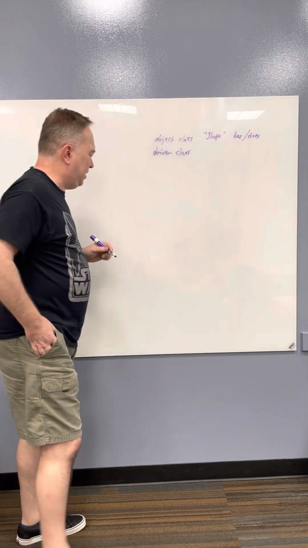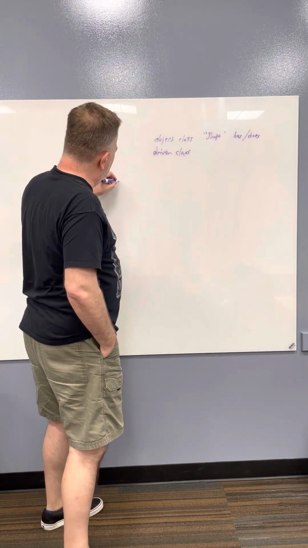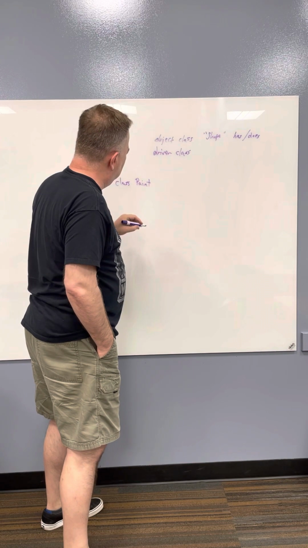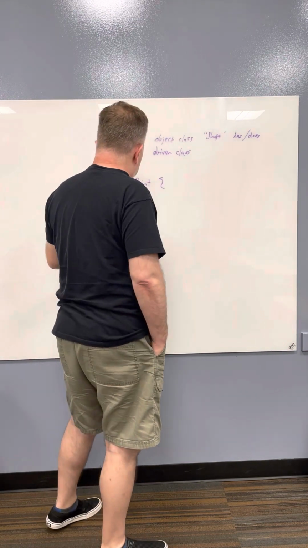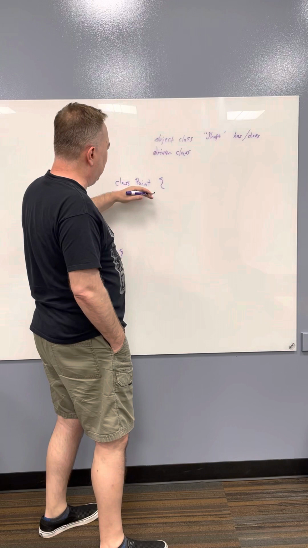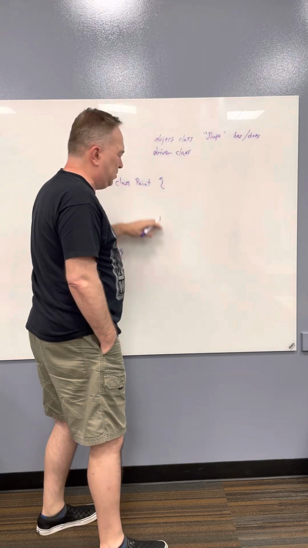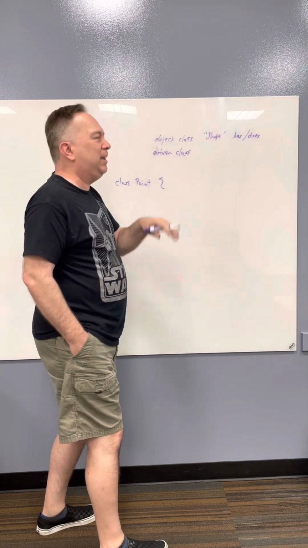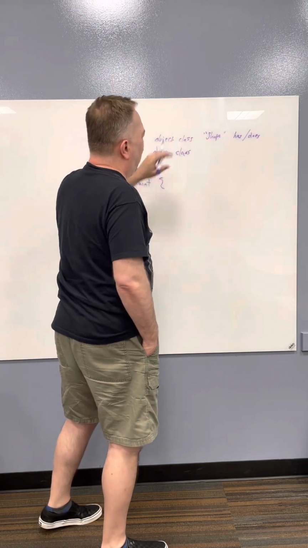So if I have, I don't know, what would this be? Class paint. And in class paint, I'm using a bunch of shapes, right? Class paint would be considered the driver. Class shape would be the object.